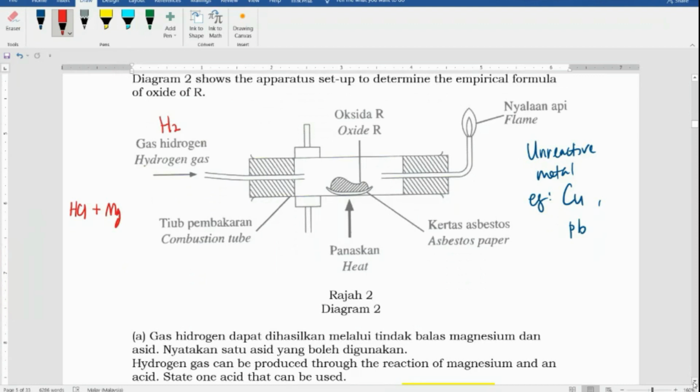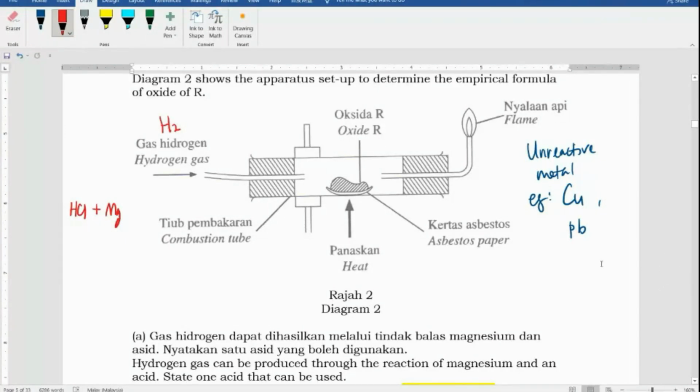Okay, part A. I'd like to ask one student to read. Gabriel, can you read the question? Hydrogen gas can be produced through the reaction of magnesium and an acid. Name one acid that can be used.